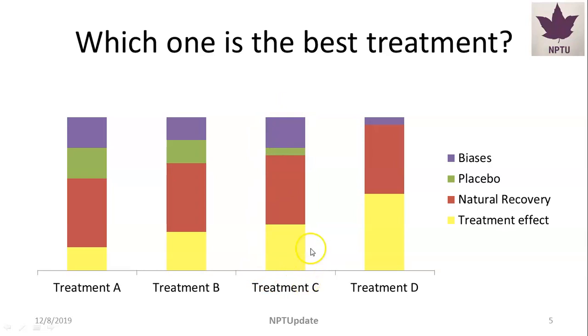If a new treatment comes, the new treatment has to prove that it has more specific treatment effect than the existing treatment. The ideal best treatment would be like this. Now this has to be proven. That's why there has to be a comparison in a randomized control trial with the standard care, with the existing care.